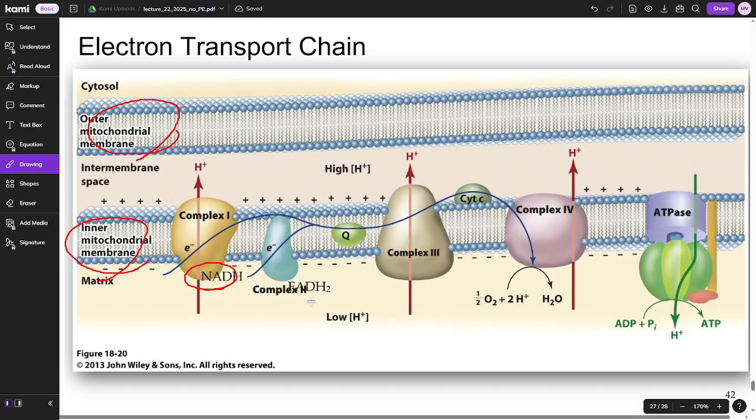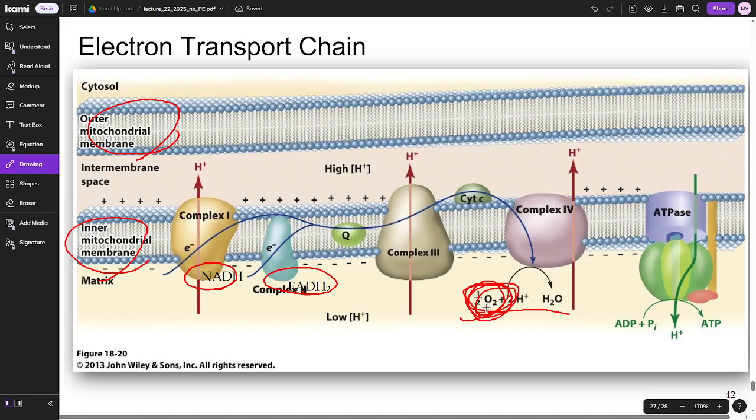On the other hand, FADH2 only starts in complex 2. I should specify that NADH from complex 1 does not go through complex 2. But NADH starts in complex 1, goes to complex 3, goes to complex 4, and then this redox happens where oxygen is reduced to water, which is why we need the O2 in the first place, right?